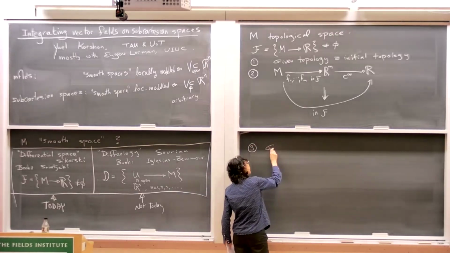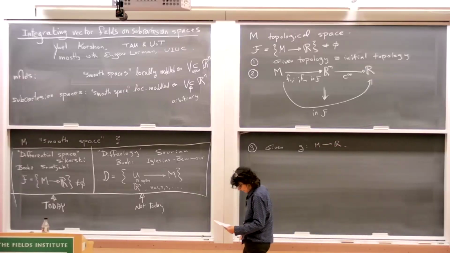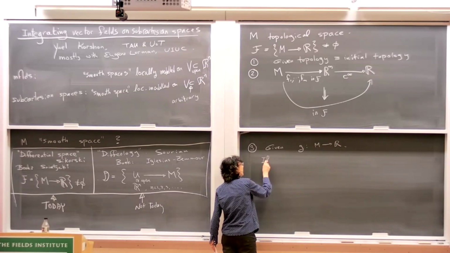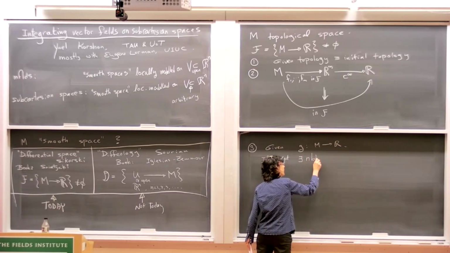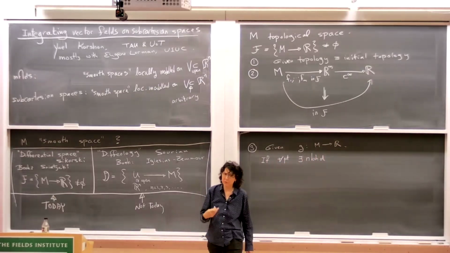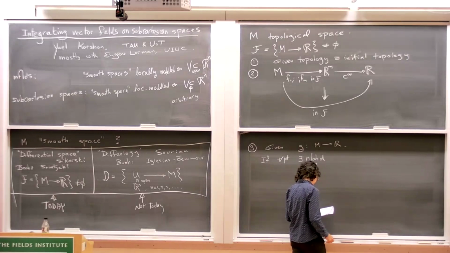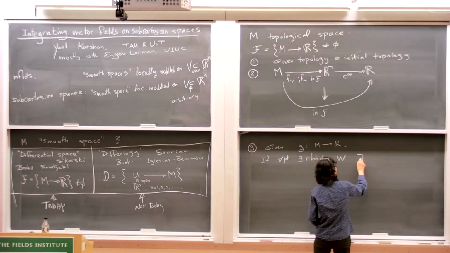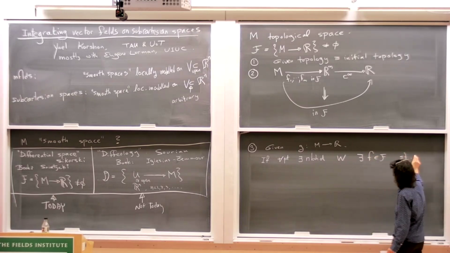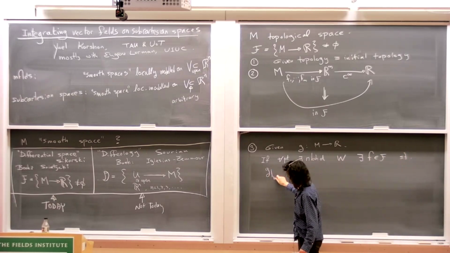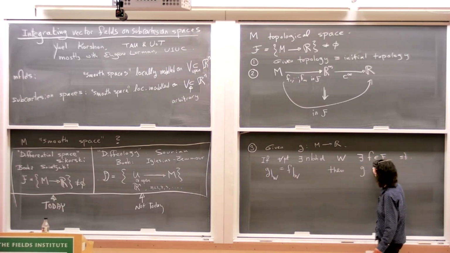So given a mystery function, if each point has an open neighborhood, and now I'm using the topology on M, which coincides with the initial topology, and has a function in the given collection that coincides with the mystery function on that neighborhood, then the mystery function is also in our collection.